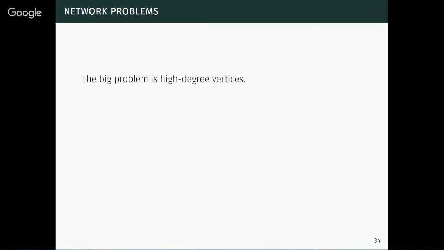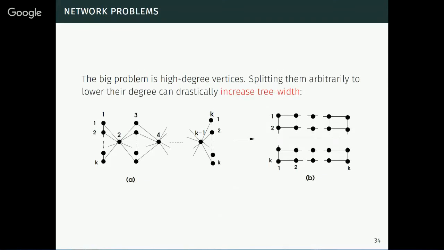So as I said before, the big problem is high degree vertices. The problem in general, even though it sounds great that we just need to split, is that splitting them in any way can drastically increase the tree width. You might not inherit everything. So this example, and here you must trust me in the values I'll give you.